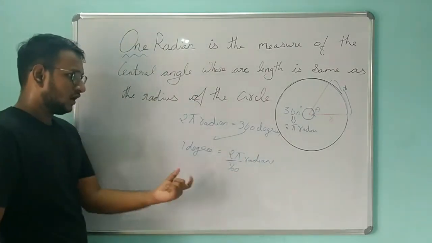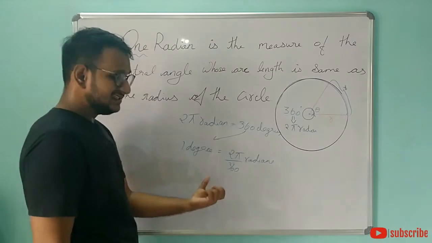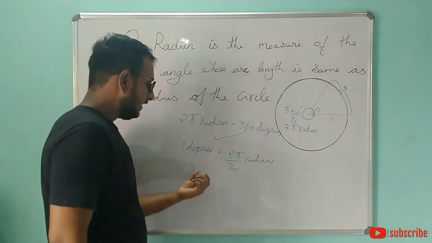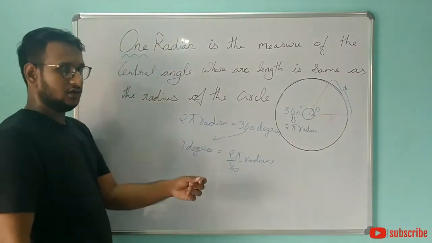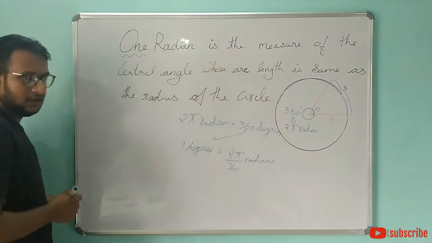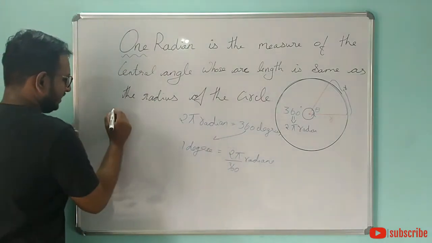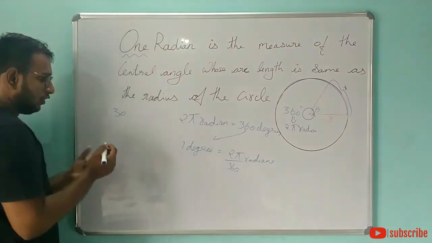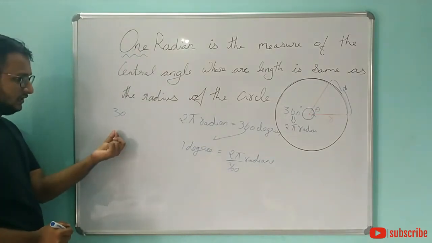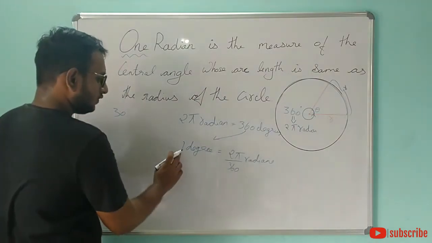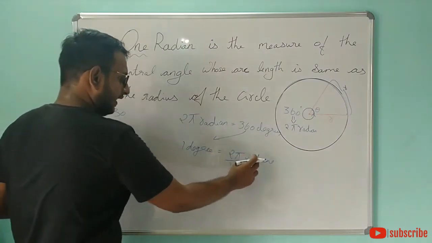Now, by using this relation we are going to find the radian values of other degrees. In the trigonometry table we usually have 30 degree. To find the radian value of 30 degree, we use this formula: 1 degree is equal to 2 pi by 360 radian.